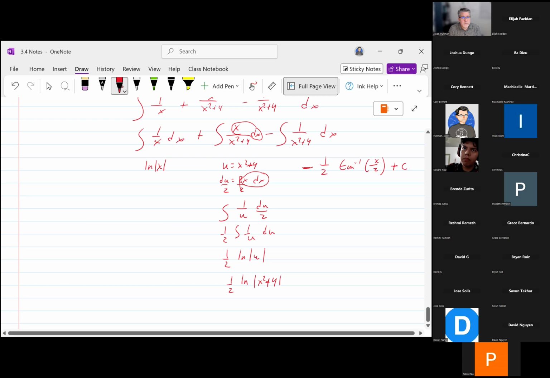Where did I get that one from? We just did it before: when you have x squared plus a squared in the denominator and it's under 1, we already derived the formula for that. It's number 18 on our formula sheet, so you can go directly to this. You don't have to derive that over and over again. It's an identity.